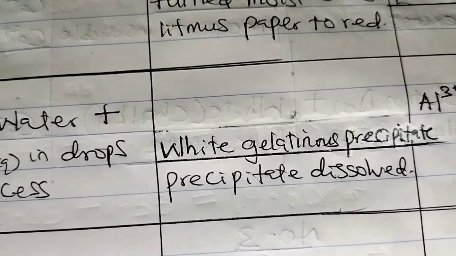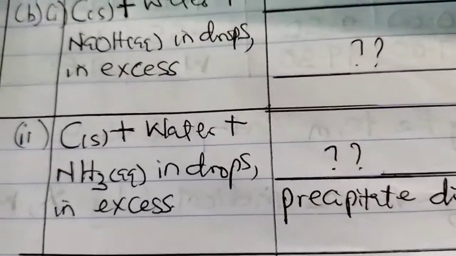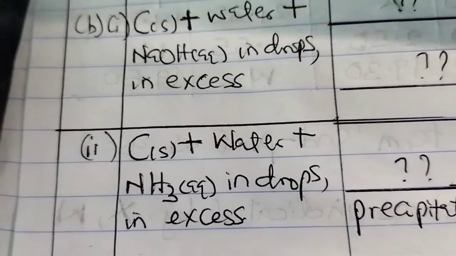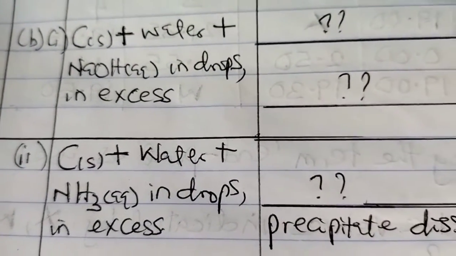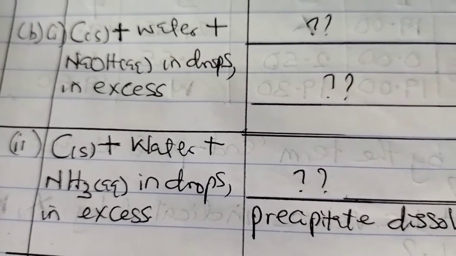White gelatinous precipitate dissolved. So we'll now go to the next question. The next question says C solid plus water plus aqueous ammonia in drops and in excess.